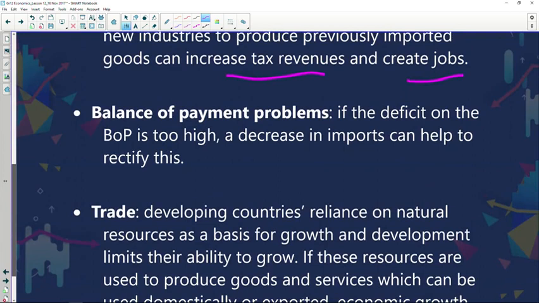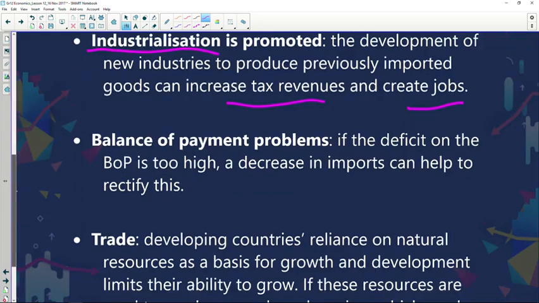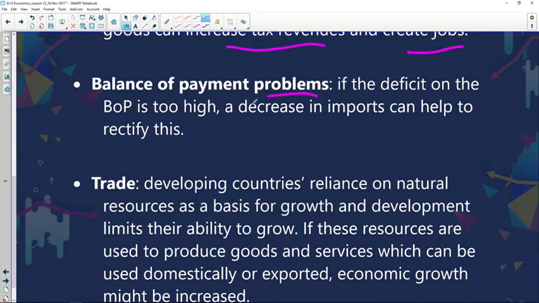So now let's look at the balance of payment problems. Okay, so I'm going to move my screen up. There we are. So now we're looking at the balance of payment problems. If the deficit on the balance of payments is too high, a decrease in imports can help to rectify this. Remember, you have a surplus and a deficit, and when there's a shortage, then we have a deficit.